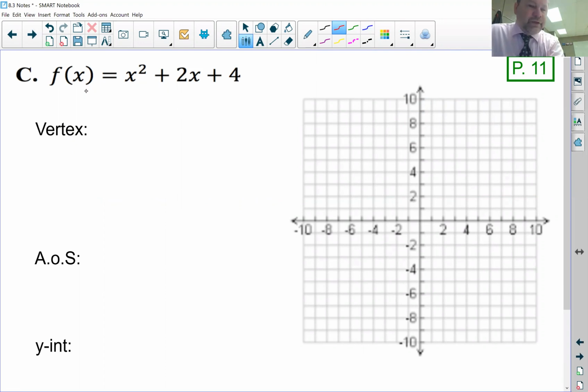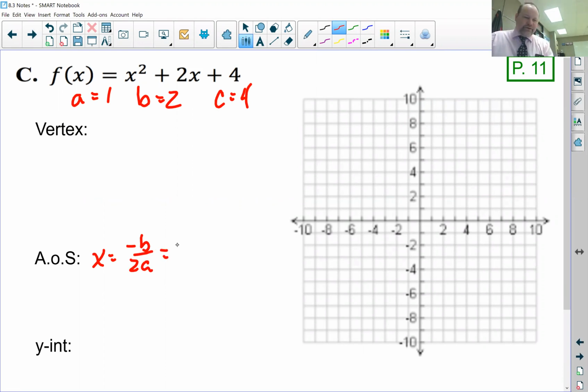Example C. Again, here A is 1, B is 2, C is 4. I'm going to start with my axis of symmetry. On your homework, you really don't need to write the formula for the axis of symmetry.